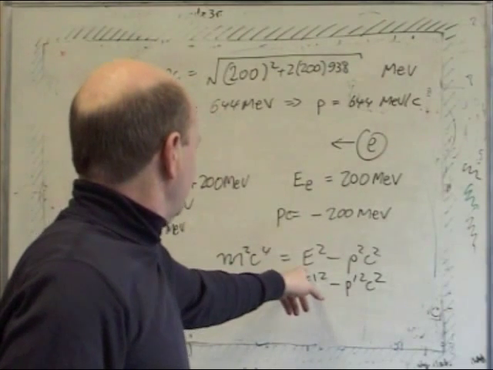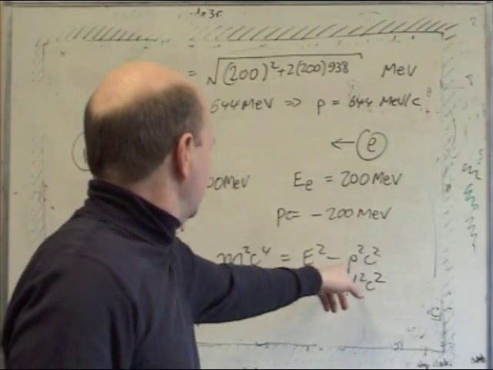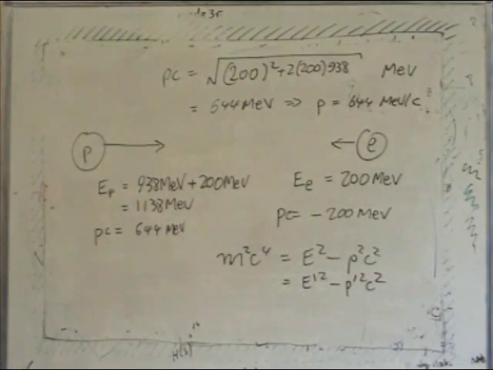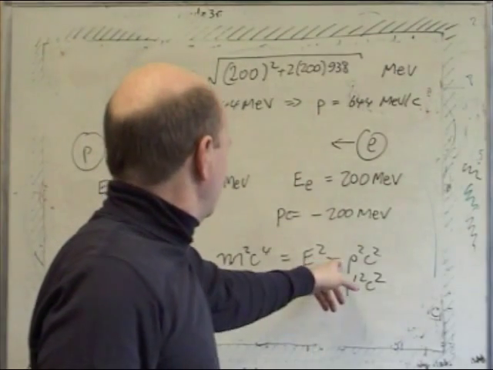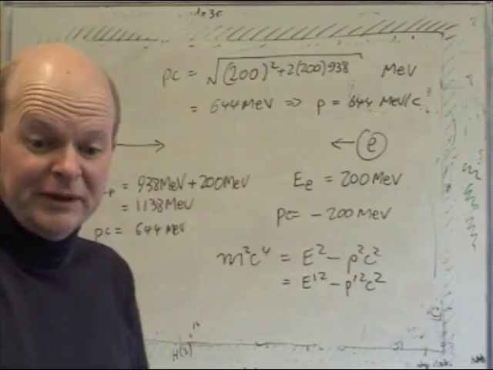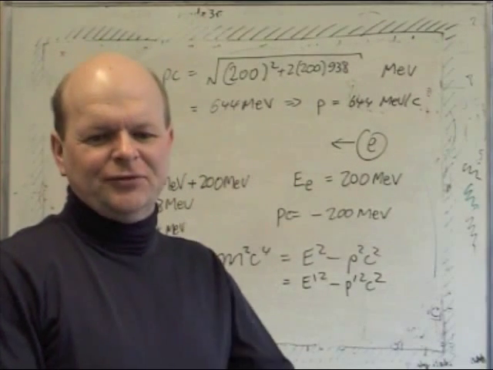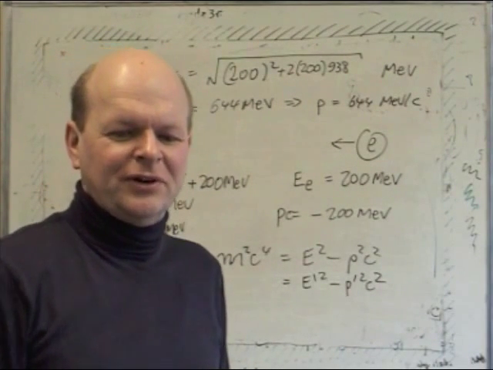But look, on the right-hand side, energy and momentum in a single frame are conserved quantities, and therefore E squared minus P squared C squared is also a conserved quantity. It's the same before and after the interaction in a single frame.